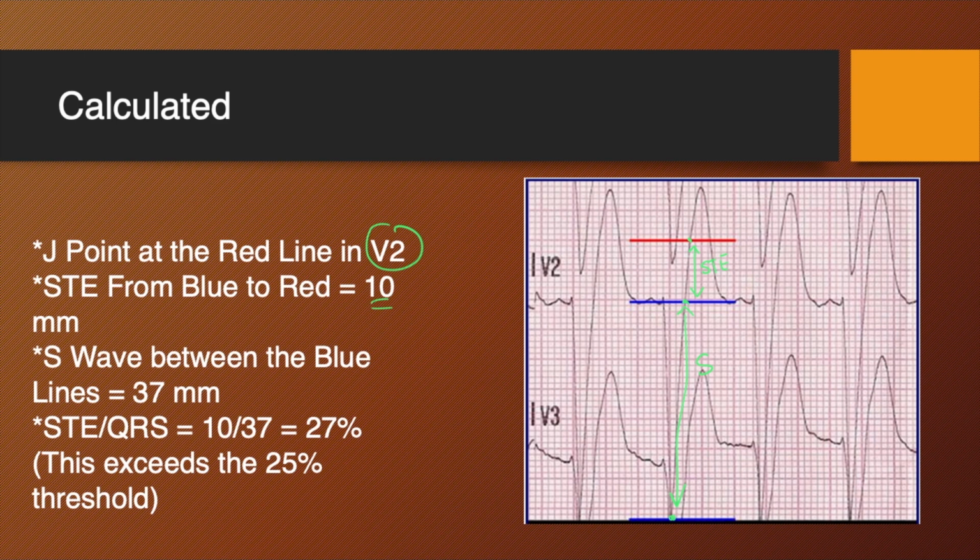I've got 10 millimeters of ST elevation here, and the S wave is 37 millimeters long, right? And so 10 divided by 37 equals 0.27 or 27%. So the ST elevation exceeds 25% of the preceding S wave, meaning this ECG has excessive discordance.